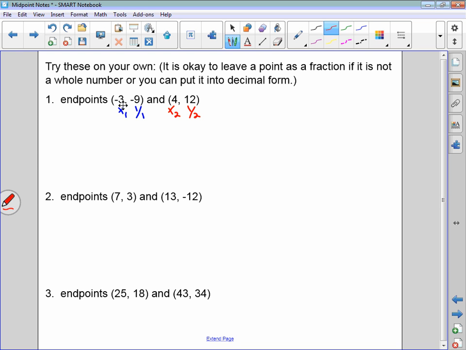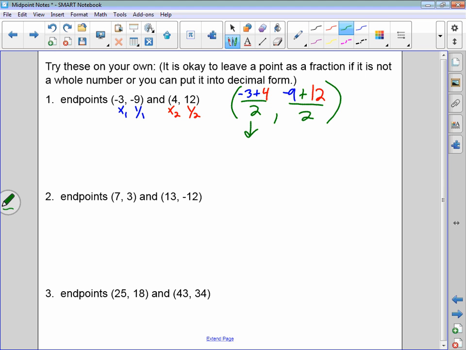We put it into the formula, and we get negative 3 plus 4 divided by 2, and we get negative 9 plus 12 divided by 2. We're going to work through the x first.